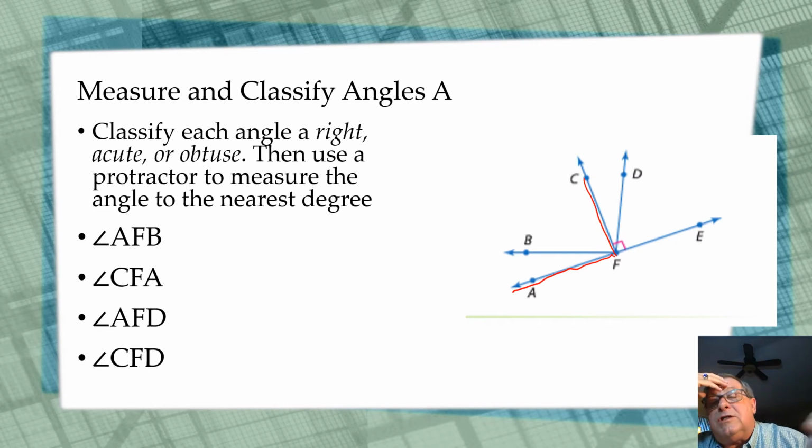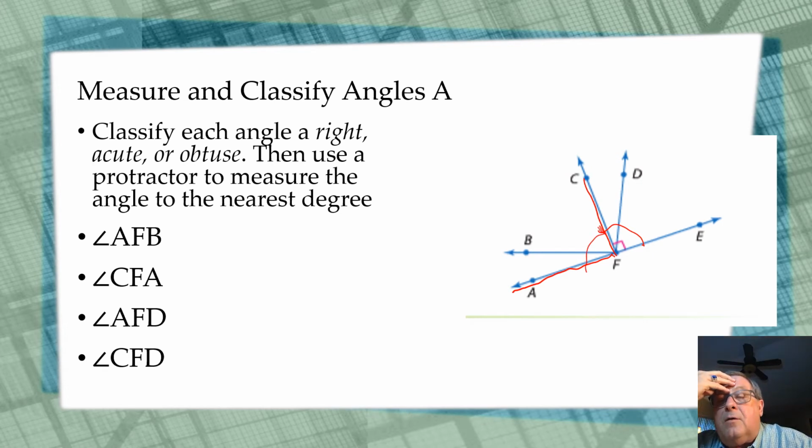And I can also see here that CFE is identified as a 90-degree angle. So this angle right here is 90 degrees. And CFA, if I look at it, forms an angle such as this.